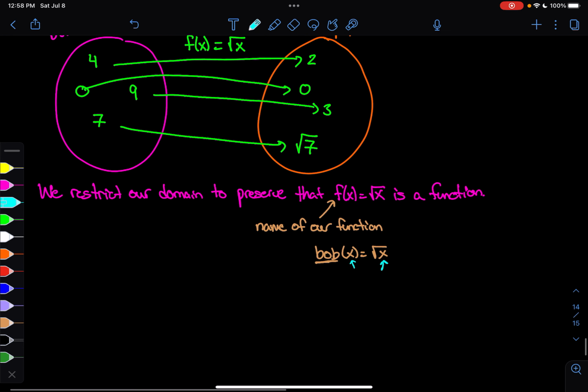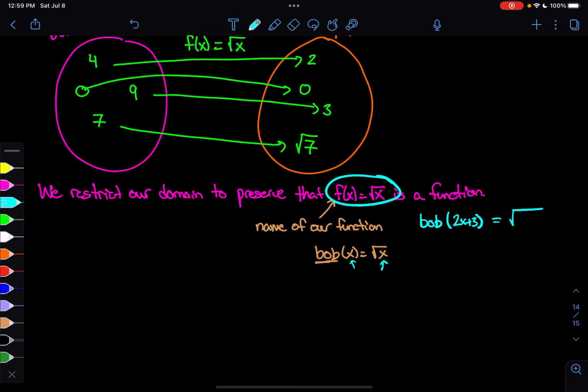So if we had Bob of 2x plus 3, this would just be equal to the square root of 2x plus 3. We replace our input with our new input, and it just goes right in there.